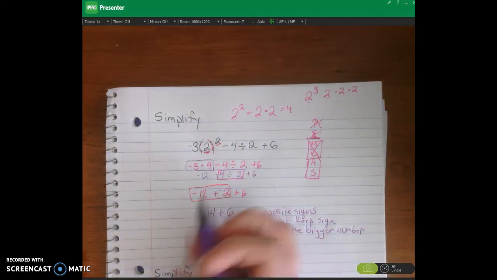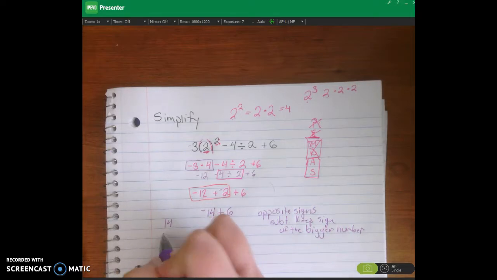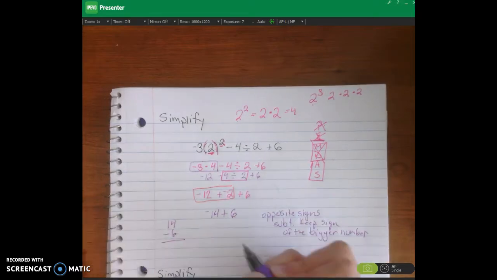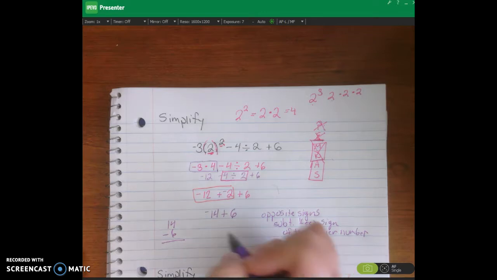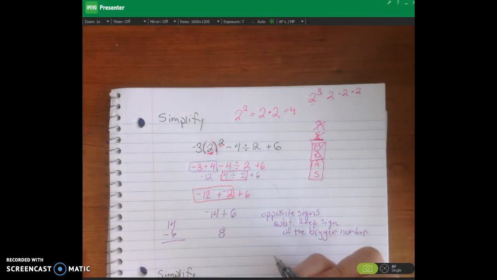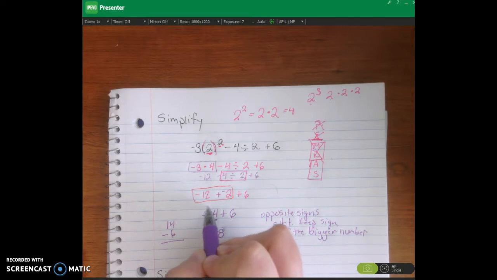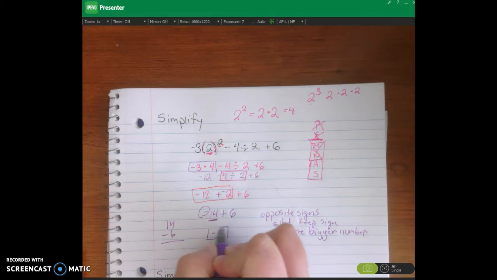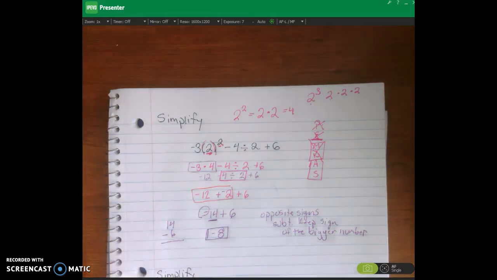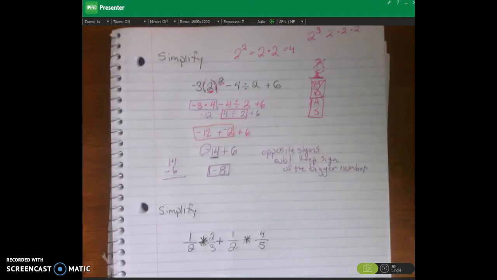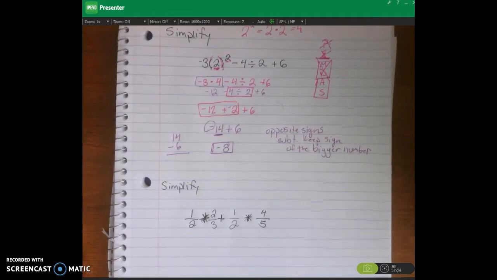So we're going to subtract 14 minus 6. We're left with 8. And 14 is the bigger number, so we're going to use the sign for 14, which is negative. So our answer here is -8. And then I think this next question may help you as well.